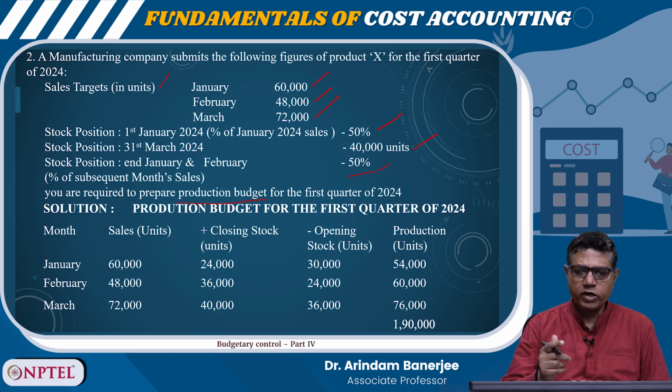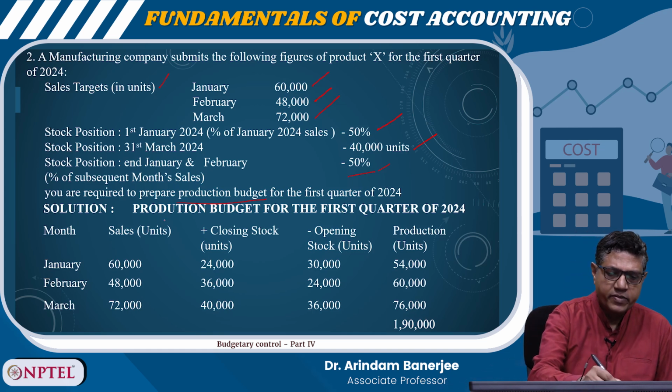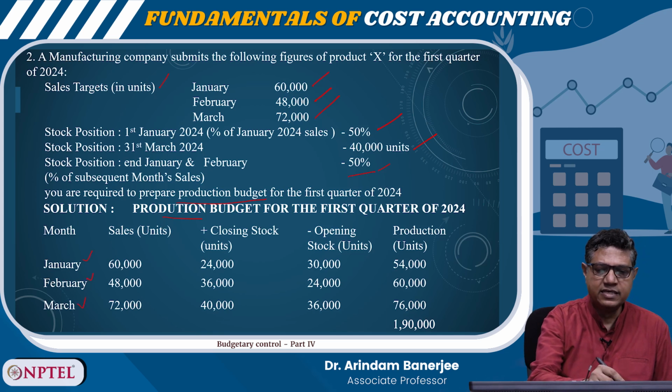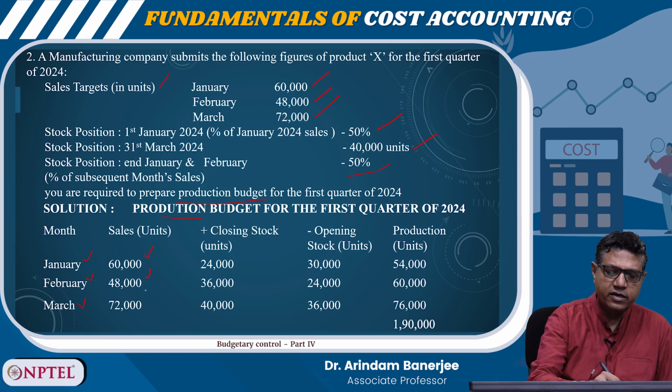So, we will prepare the production budget like this. For January, February, March, the sales are given: 60,000, 48,000, 72,000.